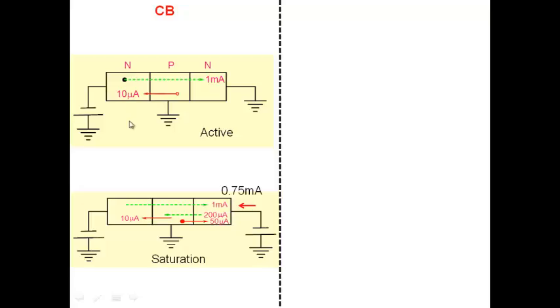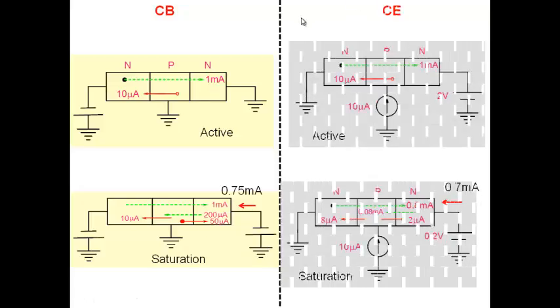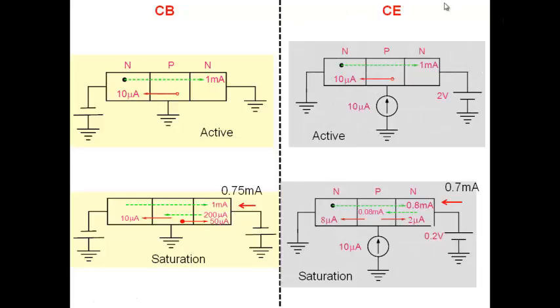When I go from here to here, I kept base emitter voltage constant. Note that this remained 1 milliampere, this remained 1 milliampere, this remained 10 microamperes. I didn't touch the base emitter junction. I only increased the collector base junction. Now the situation is different here. Look at the common emitter mode. What am I doing in the common emitter mode? The base current is constant.